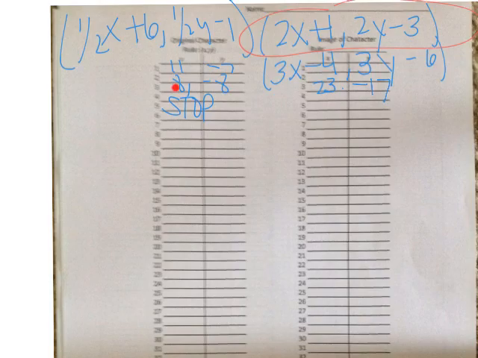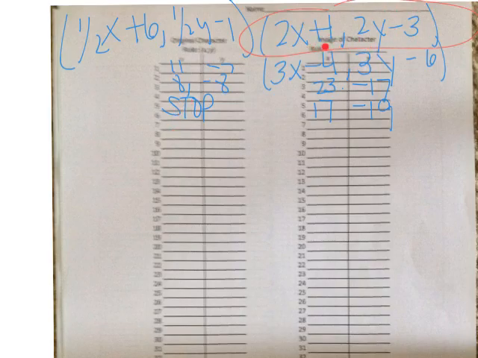And then you go to your next point. 8 times 2 is 16, plus 1 is 17. Okay? And then you do negative 8 times 2. That's negative 16 minus 3 is negative 19.